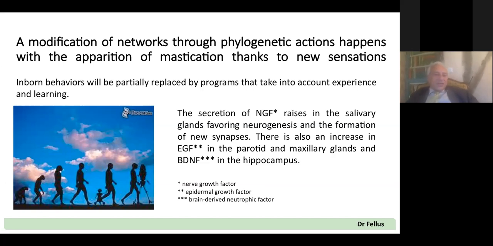And when mastication appears, there is a secretion of a nerve growth factor in the salivary glands, which will favor neurogenesis and the formation of new synapses. There is also an increase of epidermal growth factor in the parotid and the maxillary glands, and a brain-derived neurotrophic factor in the hippocampus.